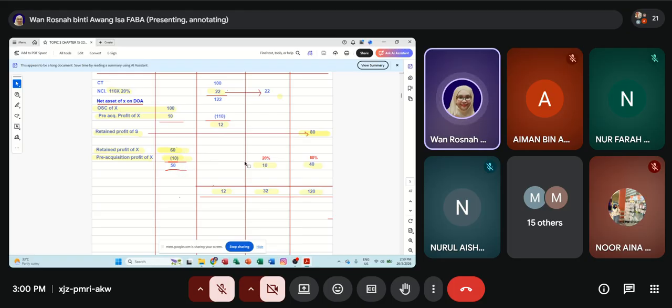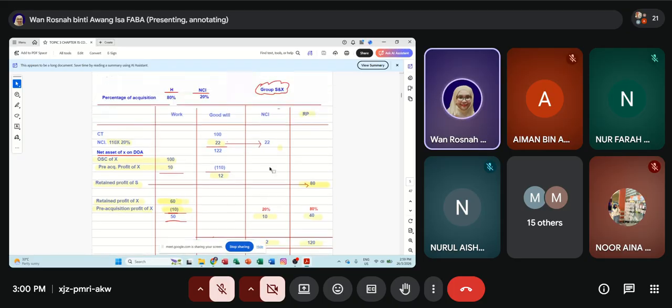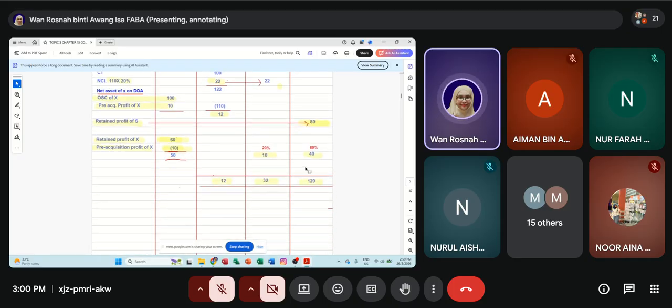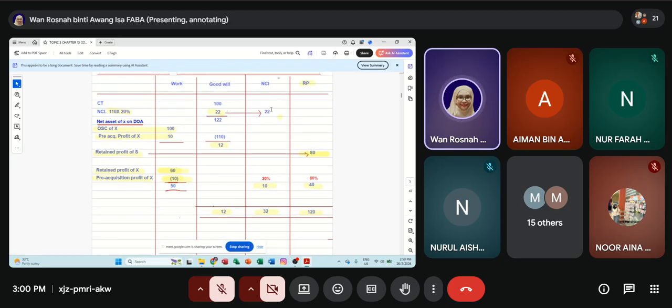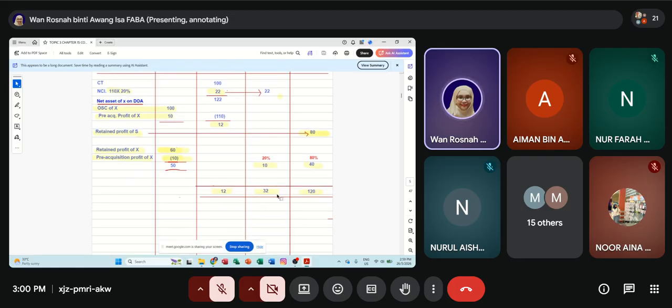So NCI you have 20%, so you have 10,000 for the NCI portion and 40,000 for the group. In total you have 12,000 for goodwill, and for NCI 22 plus 10, 32,000, and for the group you have 80 plus 40, 120,000 retained profits.